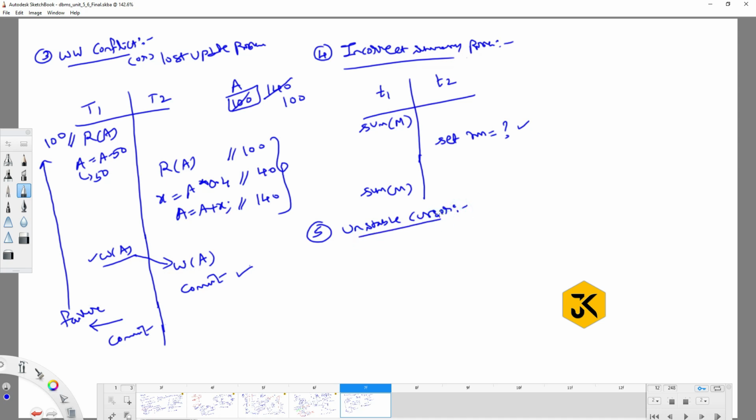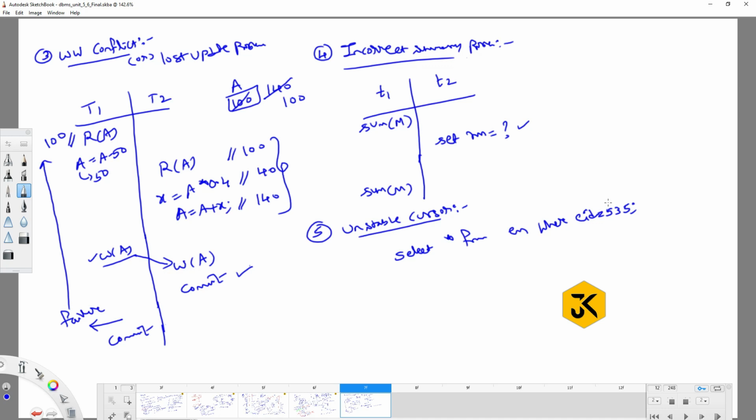Unstable cursor problem. So unstable cursor problem means, for example, I am trying to perform select star from employee where employee ID equal to 535. Okay, so there is no problem for this one.